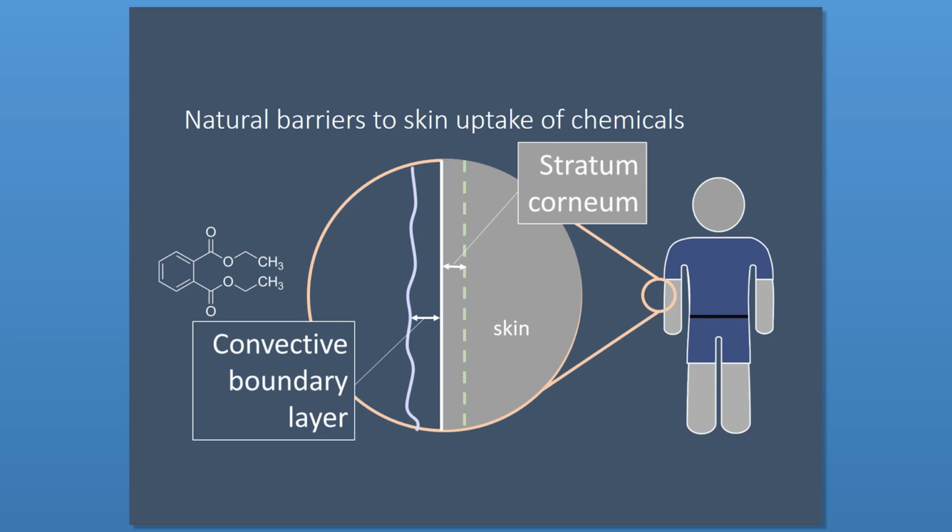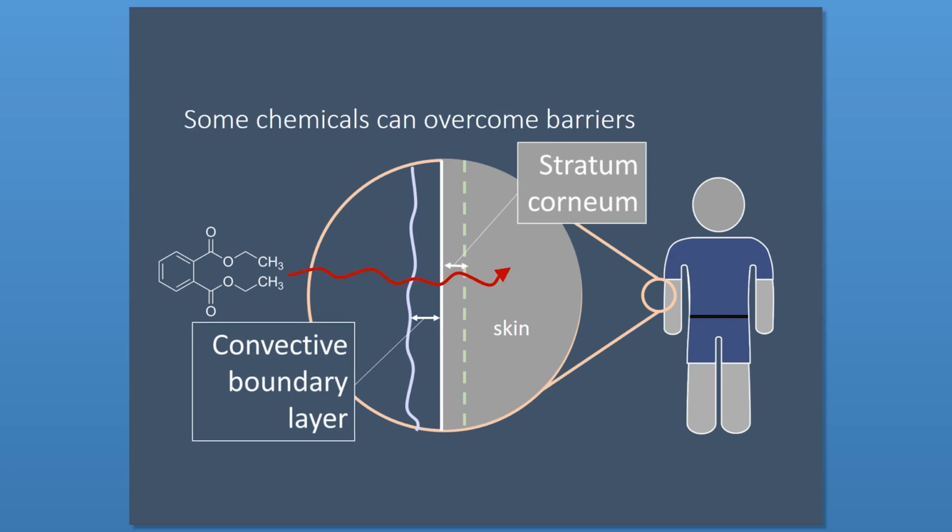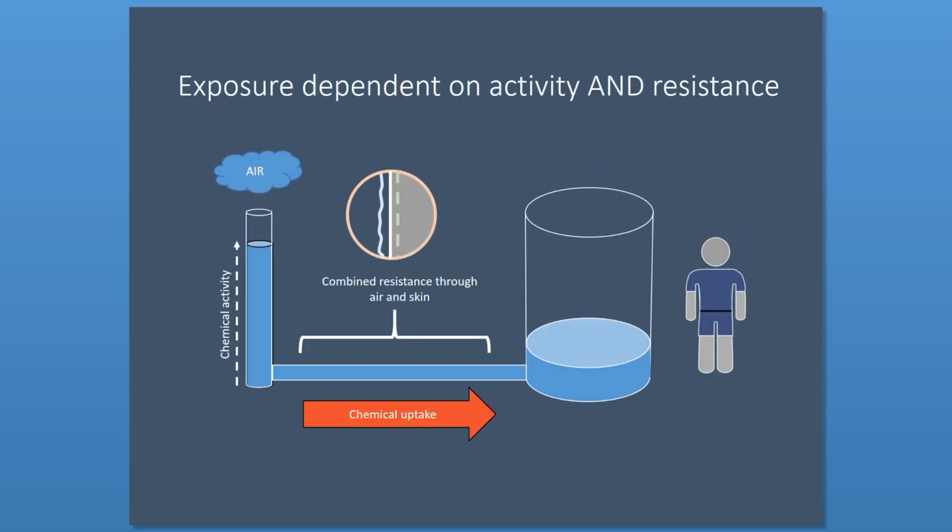But it also happens to be a good barrier for many chemicals as well. So even though we have these barriers in place, some chemicals can get through both those barriers into the skin, and the rate at which they can move in really depends on a lot of parameters, but a lot of it has to do with the structure of that chemical.